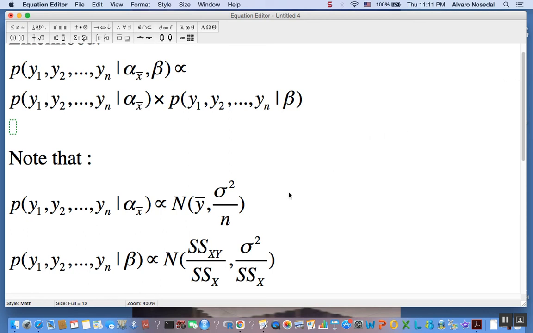We know that if we have a normal likelihood and we consider either a flat prior or a normal prior, the posterior will be normal as well. And to find the parameters of that posterior, what we use is our updating rules. So let's apply our updating rules for beta and alpha to obtain the parameters of our posterior distribution.